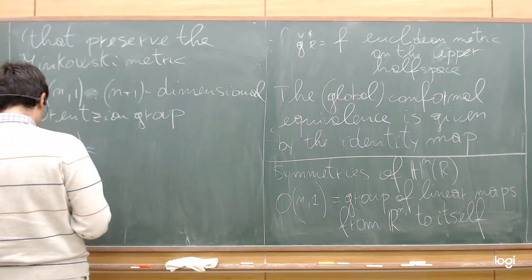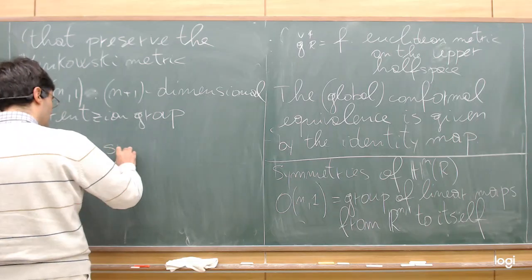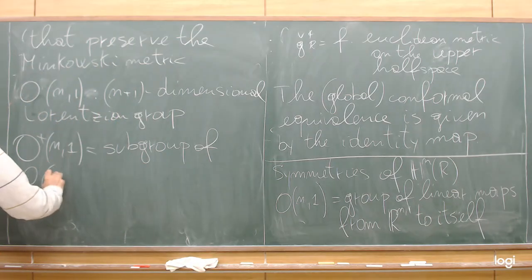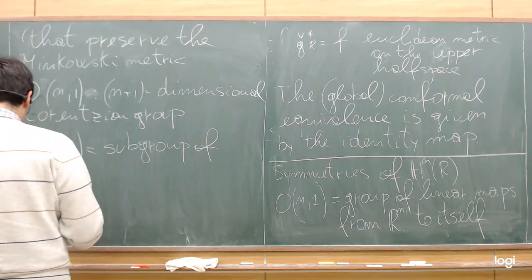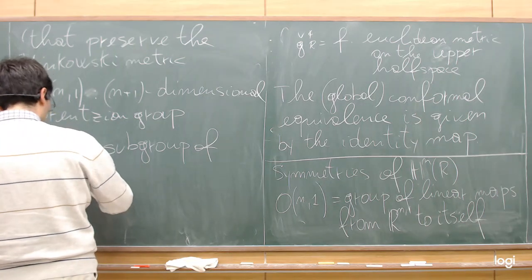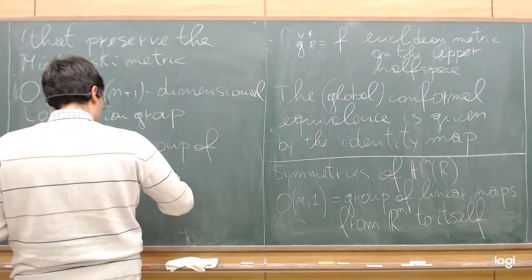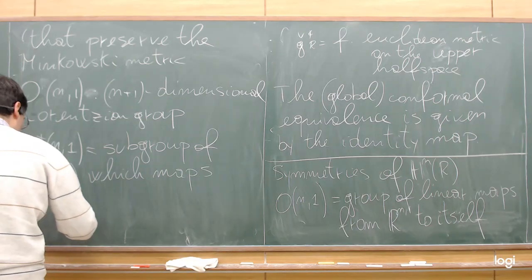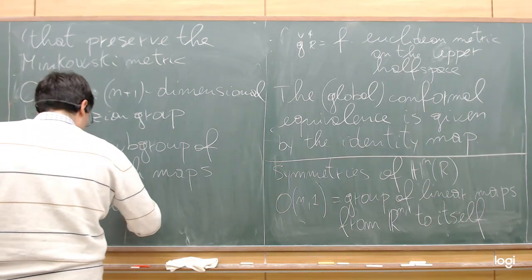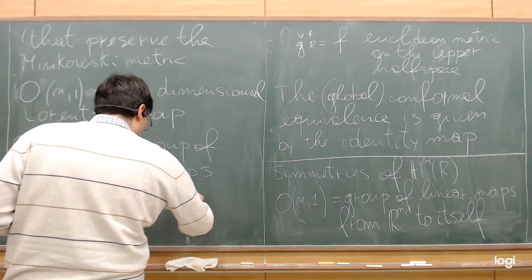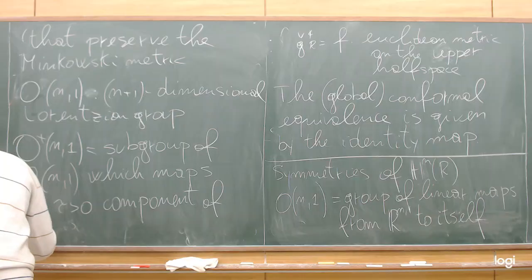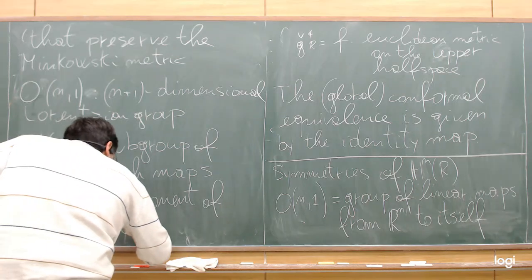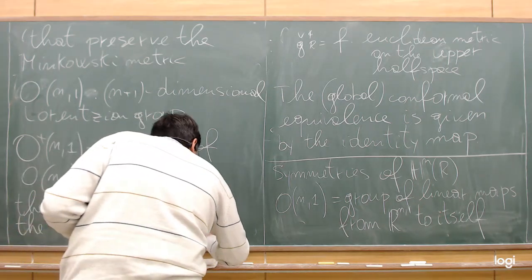This is the subgroup of O n comma 1, which maps the tau greater than 0 component of the hyperboloid to itself.